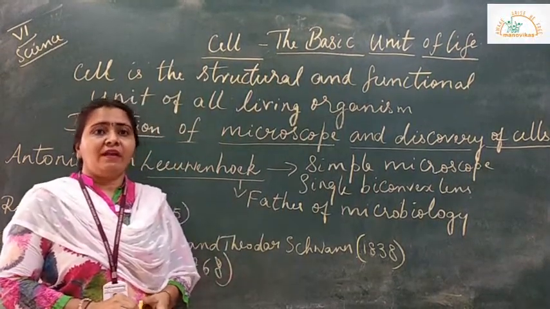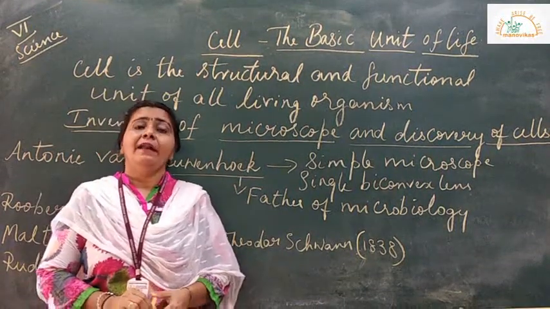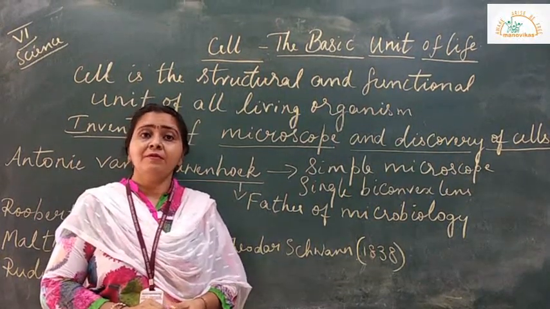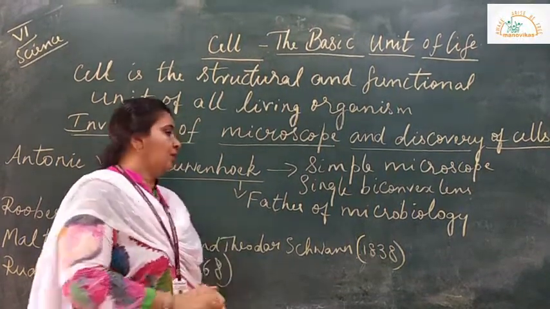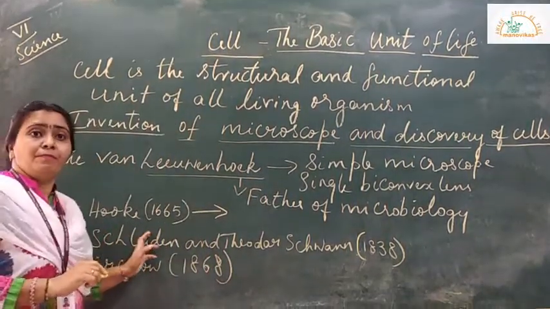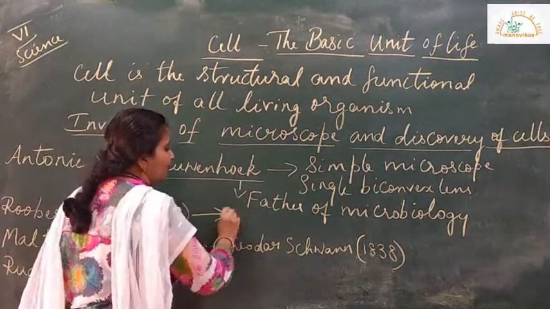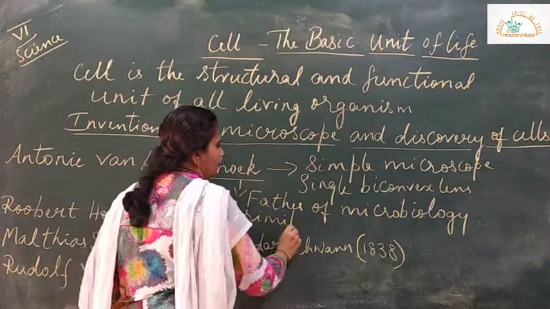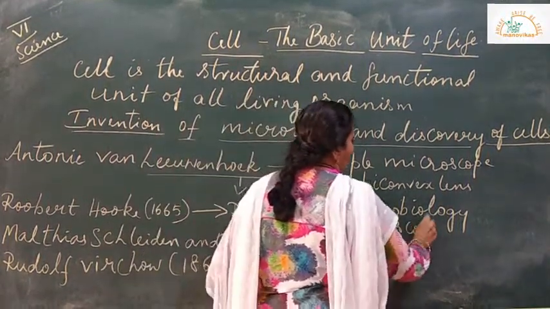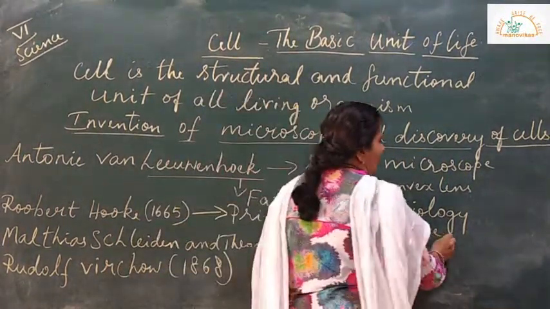Now let us see the next one, that is in 1665. Another scientist, Robert Hooke, developed a primitive microscope made up of two lenses.